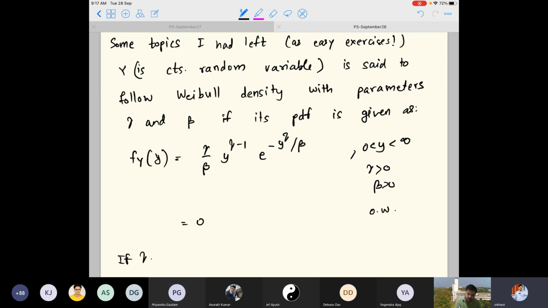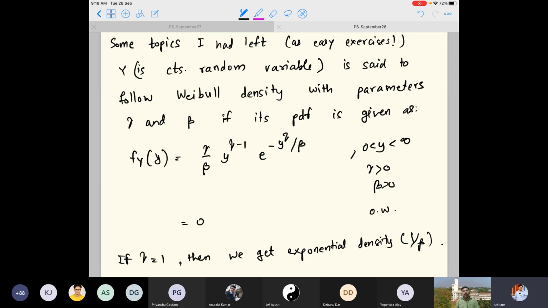Then we get the exponential density, in our notation with parameter 1 by beta.